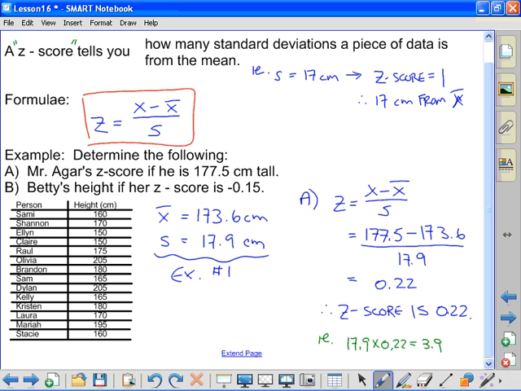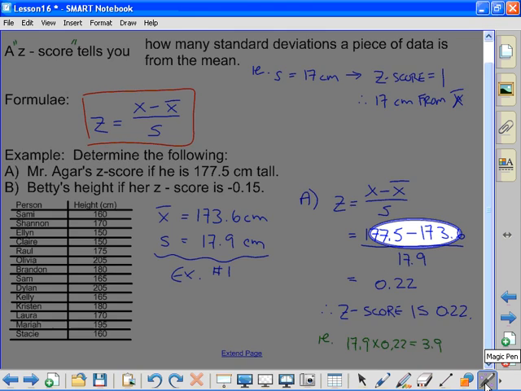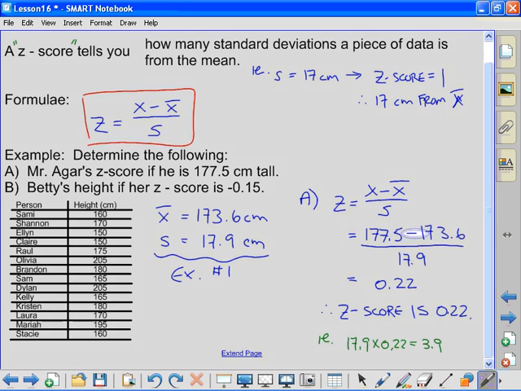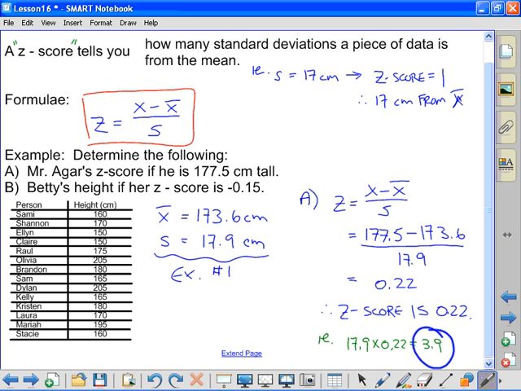So if you take my height and subtract 4, you would get 173.5, which is almost the exact same as the mean. So if you look at the difference between 177.5 and 173.6, it is the 3.9. So the Z-score is just telling you how far away you are from the mean.